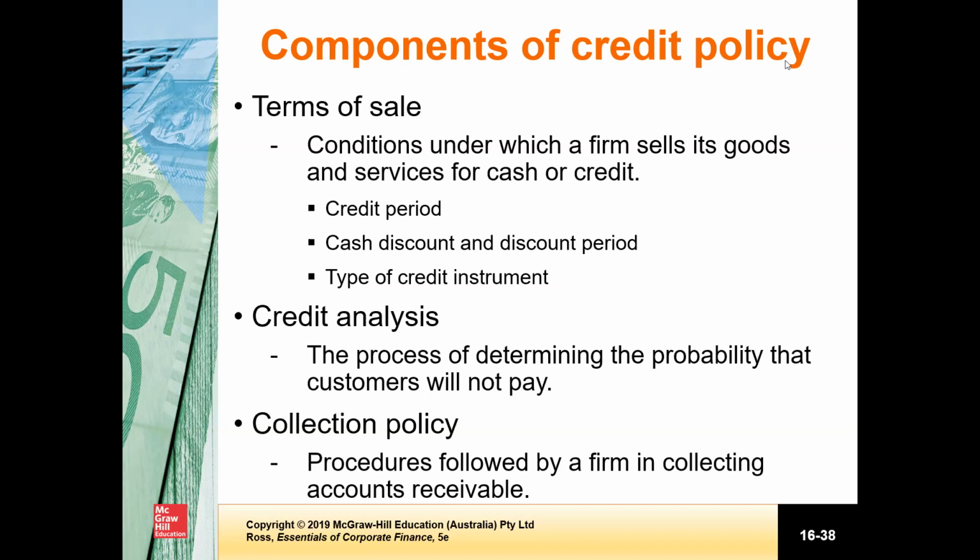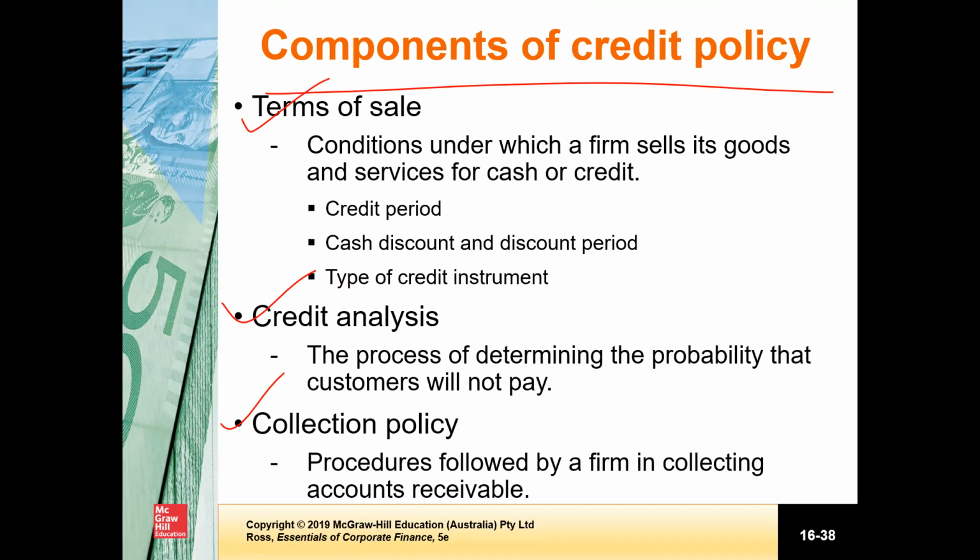Okay, so let's talk about the components of credit policy. If a firm decides to grant credit to its customer, as I mentioned a few moments back, then it must establish procedures for extending credit and collecting. In particular, the firm will have to deal with the components of credit policies: terms of sales, credit analysis, and collection policy.